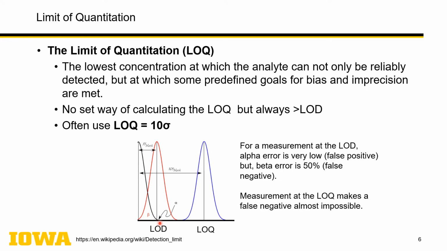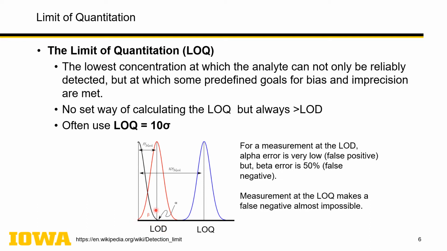And you can see that the LOD, as shown here, is trying to compensate for what's called the alpha error. We don't want a false positive. We don't want to be down in here so low that we say it's something there, but actually it's not distinguishable statistically from 0. So that's a false positive.